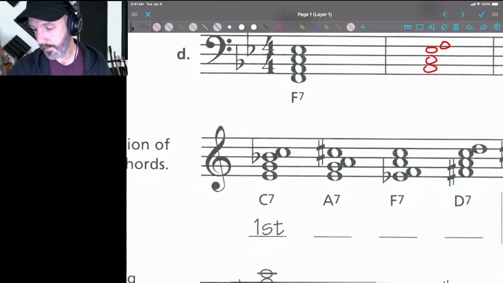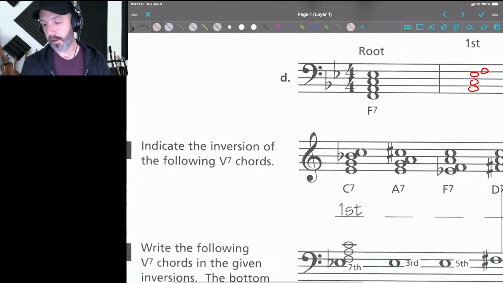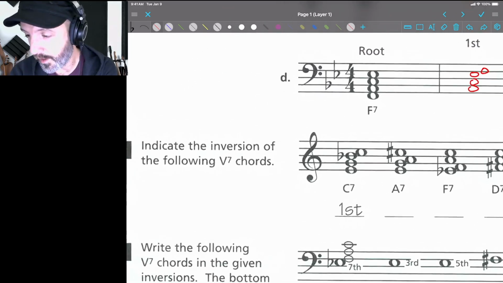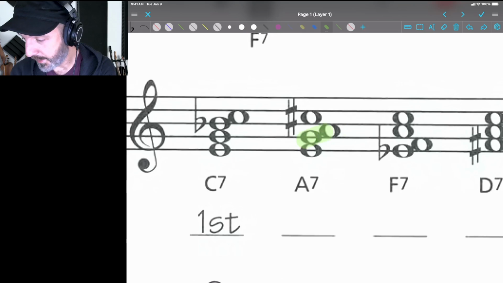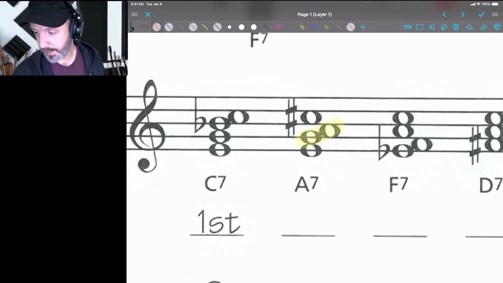All right, indicate the inversions of the following. So we are looking for the seconds. Remember, the top note of the second is the root. So we know that's the root. This is the 7th, the 5th, the 3rd. So if the 5th's in the bass, it is second inversion.